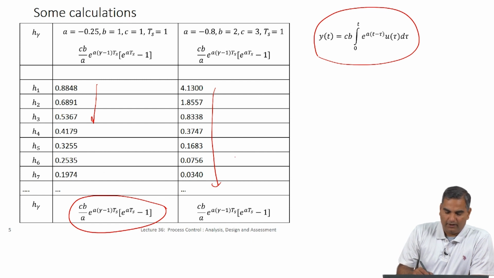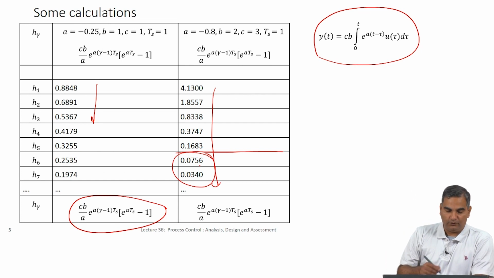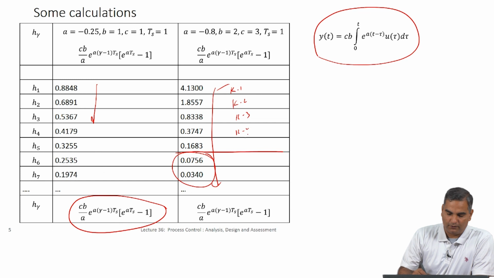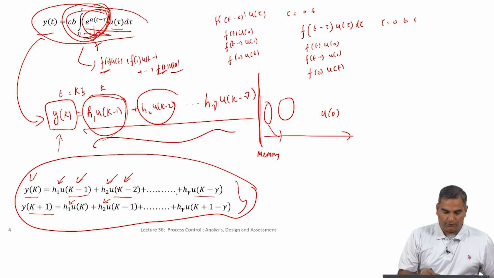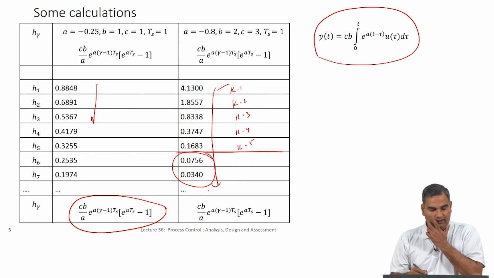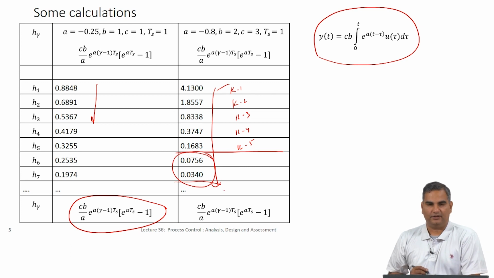So, you might say, okay, for my model predictive control implementation, I am going to stop here because I am going to assume these are very small numbers and these are things that I can ignore. If you do that, then what you are saying is the current output is being affected by the previous inputs, k minus 1, k minus 2, k minus 3, k minus 4 and k minus 5. So, I am going to only retain 1, 2, 3, 4, 5 terms here. Now, if you say no, I want to be more accurate, I want to come till here, you will retain 7 terms and so on.